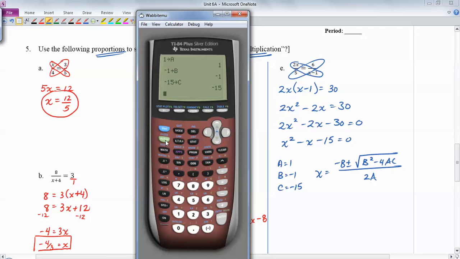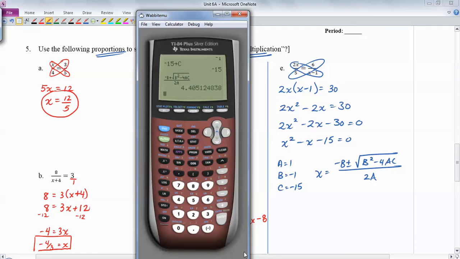so let's get the fraction symbol. So that's under F1. So green button, F1, numerator over denominator. And then I'll do negative b plus the square root of b squared minus 4ac all over 2a. And I'll hit enter.